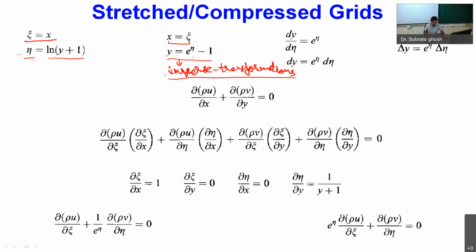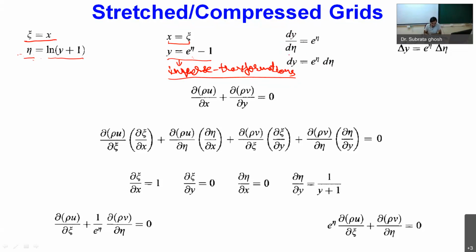Okay. Now, because finally we have to convert our governing equations from the xy plane to the zeta eta plane, once we convert the governing equations, we have to find these parameters, which are nothing but the matrices here.